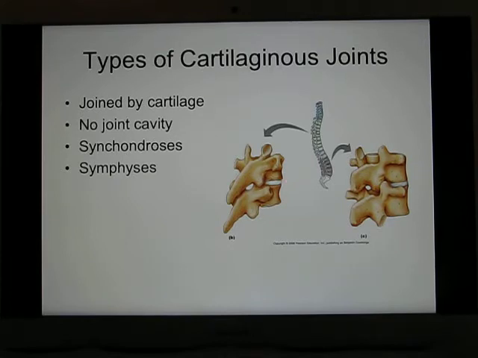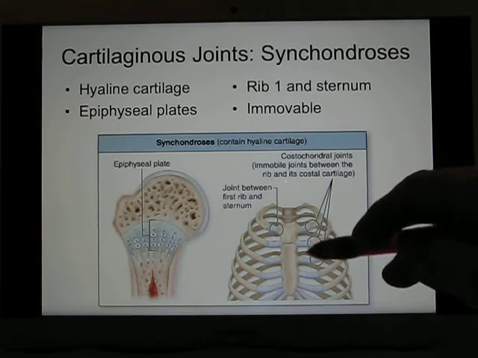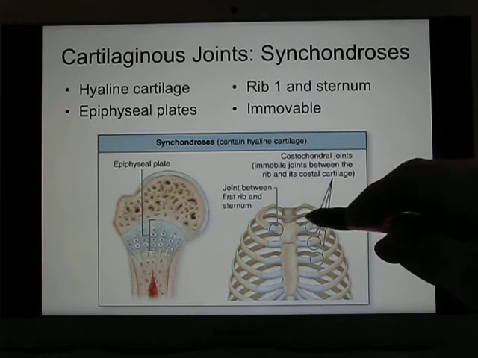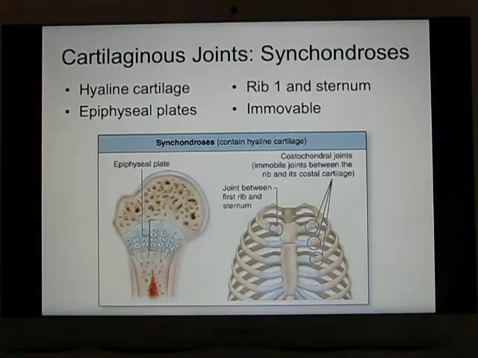Okay, we're going to look at the cartilaginous joint, and this is the joint with no joint cavity, like synchondrosis and symphysis. So they just put the cartilage between the 2 bones. And for synchondrosis, they put the cartilage between the first rib and the sternum, and also in your epiphyseal plate.